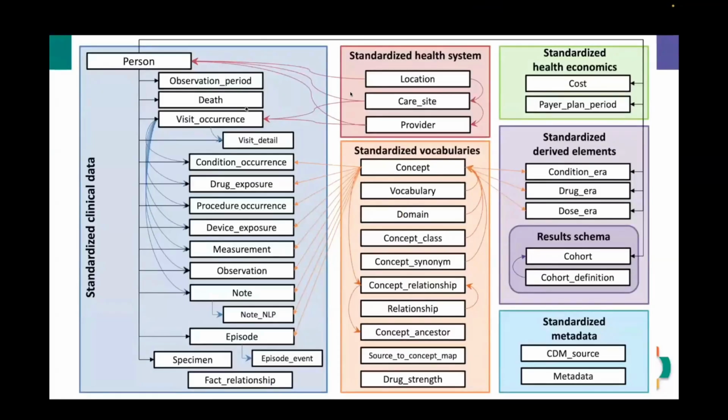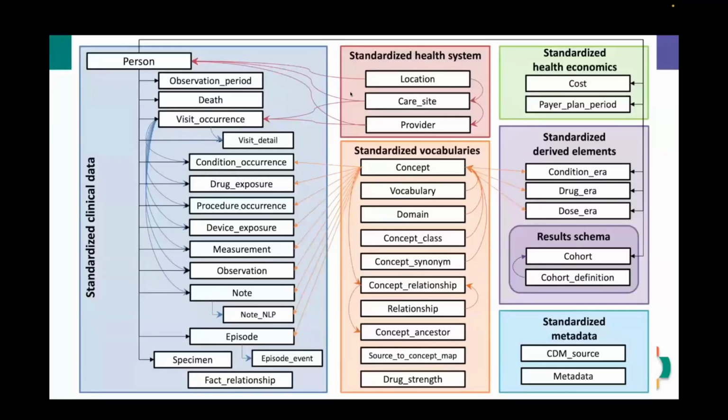Each square represents a table. As an example, the person table of OpenMRS goes to person, and then observations, measurements, notes. We needed to figure out how we map everything into this, and we already did.